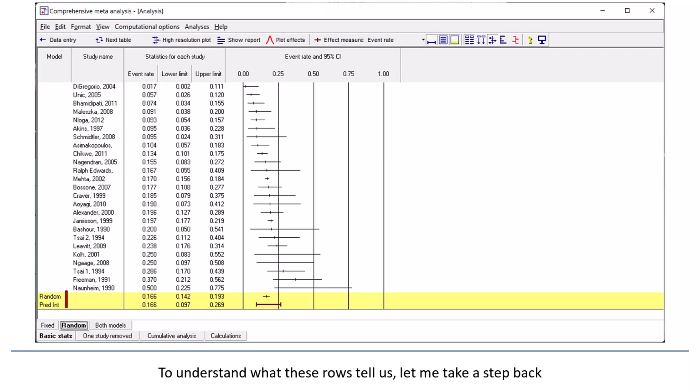To understand what these rows tell us, let me take a step back and explain the goal of a random effects analysis. When we perform a random effects analysis, we assume that there is a universe of potential studies that we care about. In this case, it might be all studies that could be performed to assess the short-term risk of death from mitral valve surgery in patients older than 80 years.